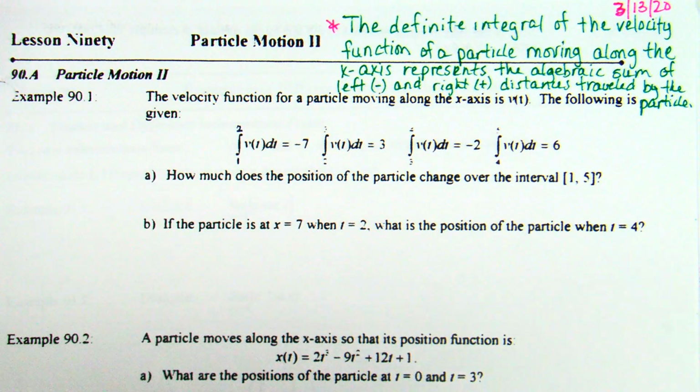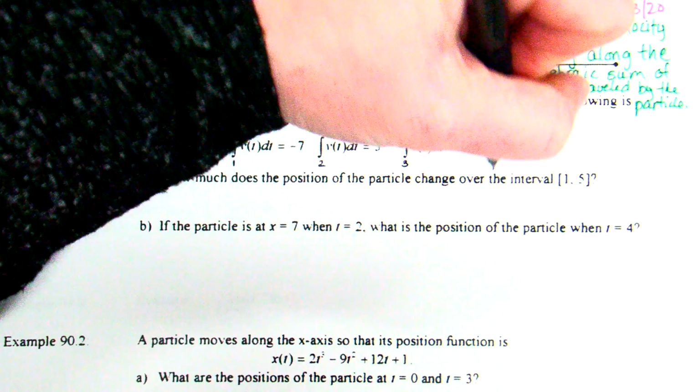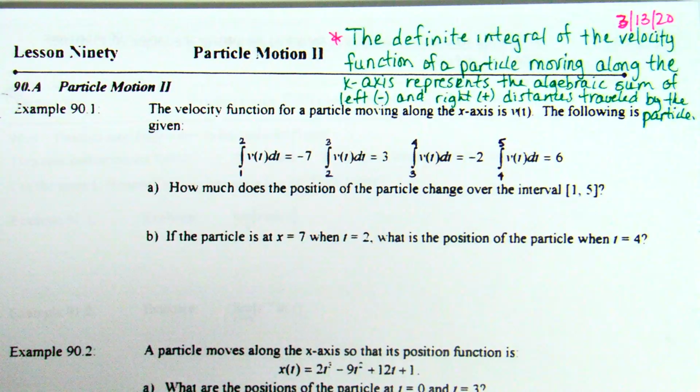The second one is the integral from 2 to 3 of v of t dt is 3. The integral from 3 to 4 is negative 2. And the integral from 4 to 5 is 6. Okay, so those are the information. It's kind of faded out there.